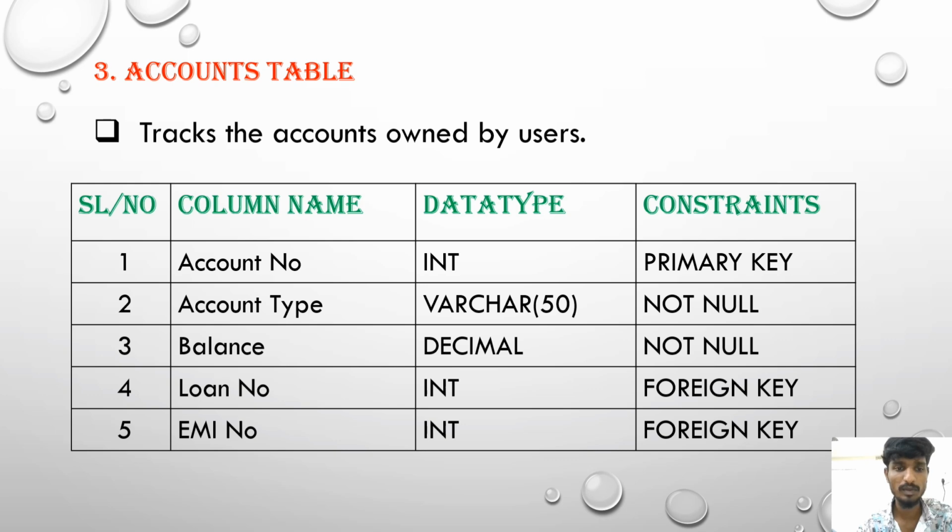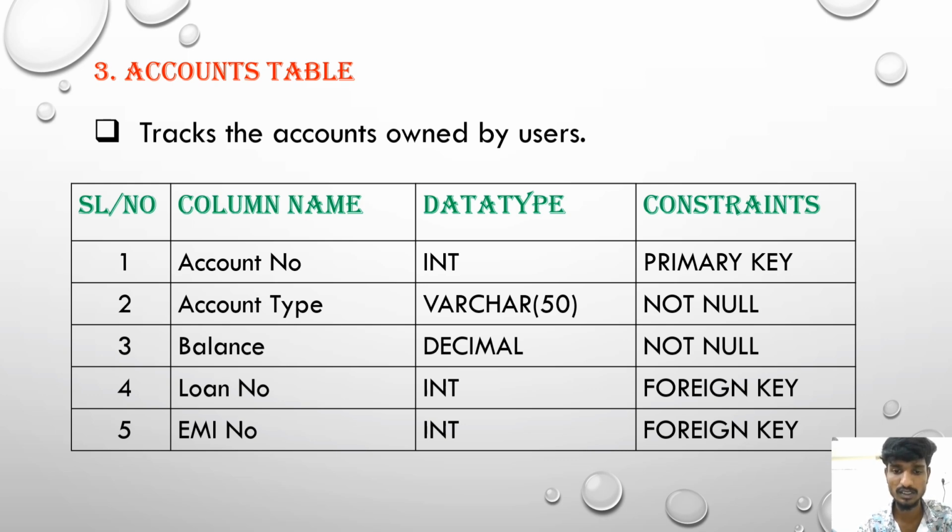Third one, account table. Account table tracks the accounts owned by users. For this account entity, I have used five attributes and column name data type constraint account number. I have used int. It is also uniquely identified, so that's why I used int as the data type. Account type, these also having different names, so I used varchar as a data type.